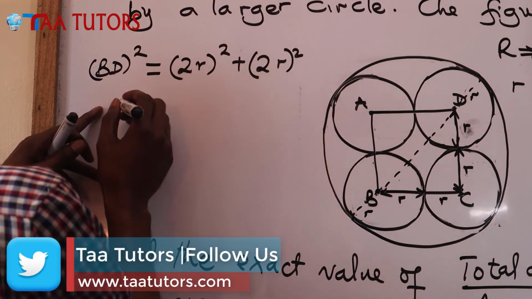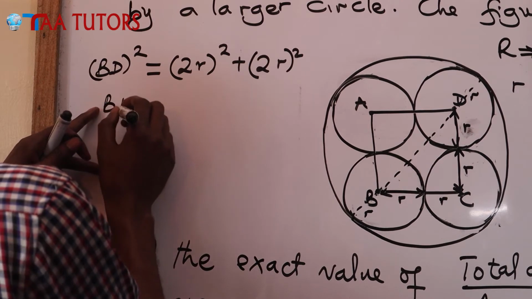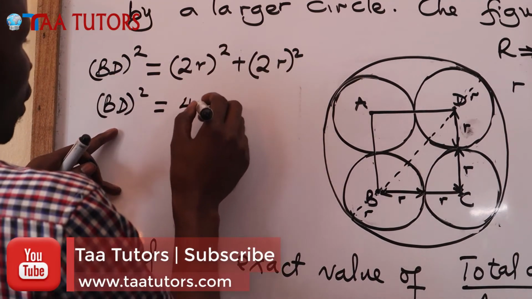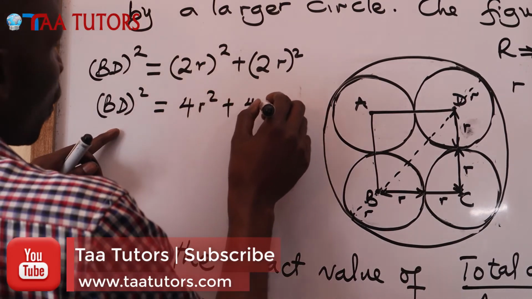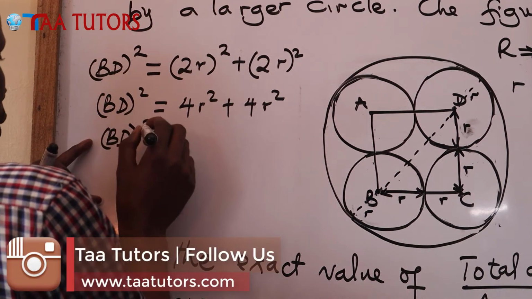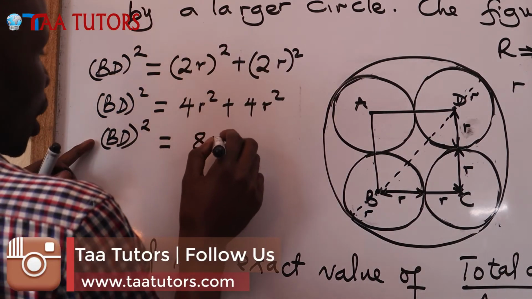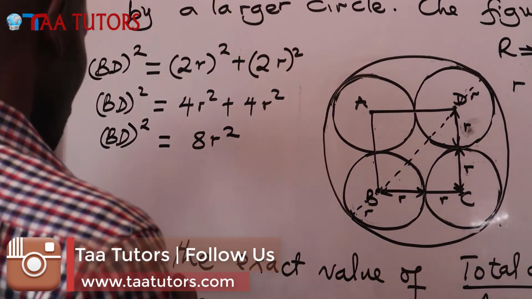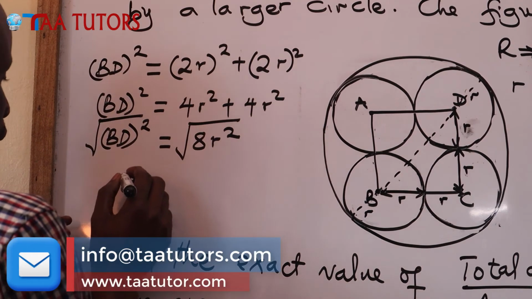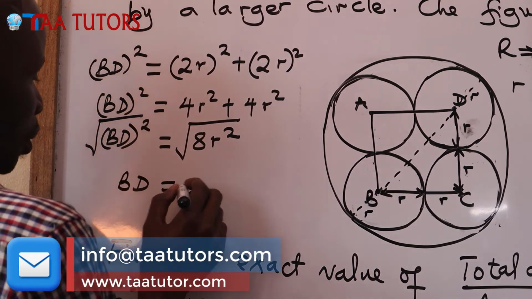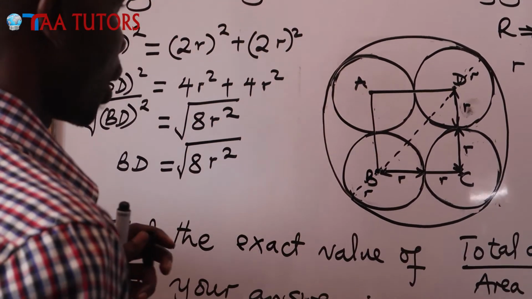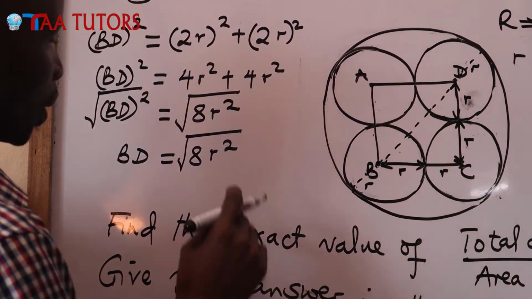So if I want to get BD exactly, BD squared will be 4r squared plus 4r squared. So BD squared, if I continue, will be 8r squared. That is my BD squared. So if I want to get the length BD, I will get the square root. So BD here will be the square root of 8r squared. But this square root of 8r squared, we can simplify it.